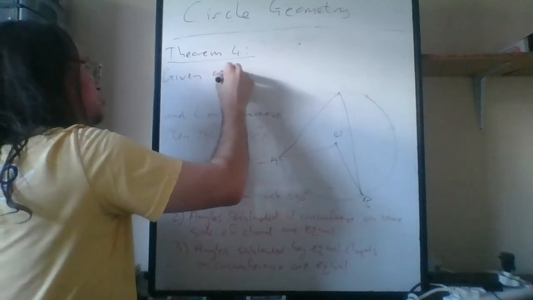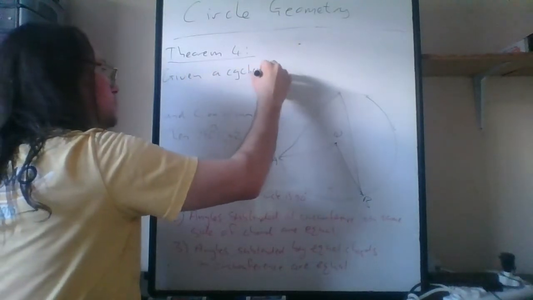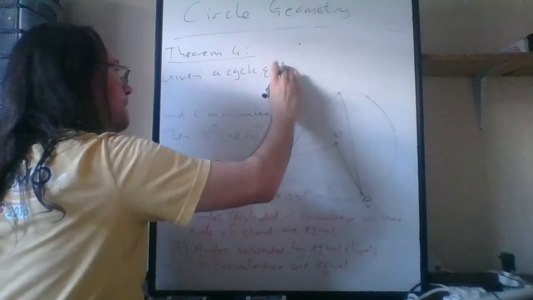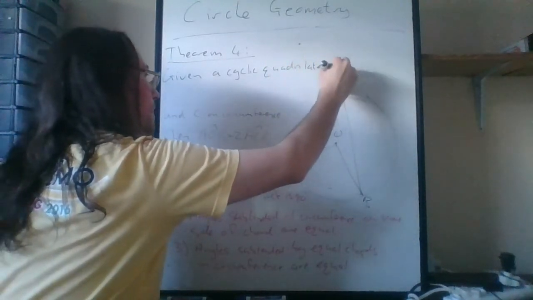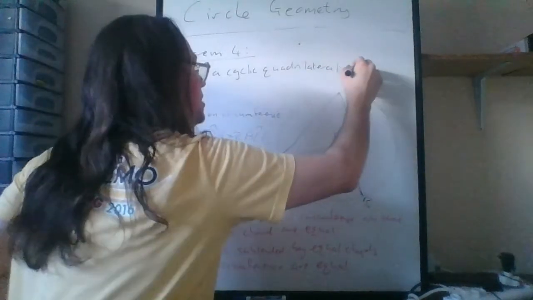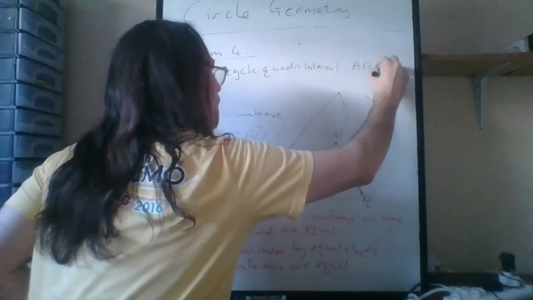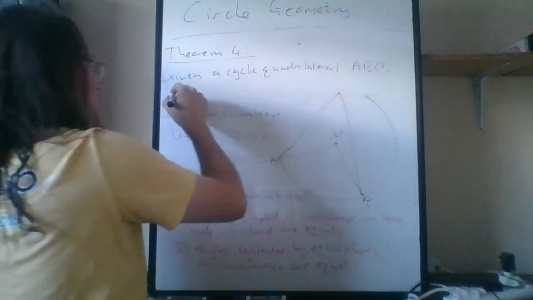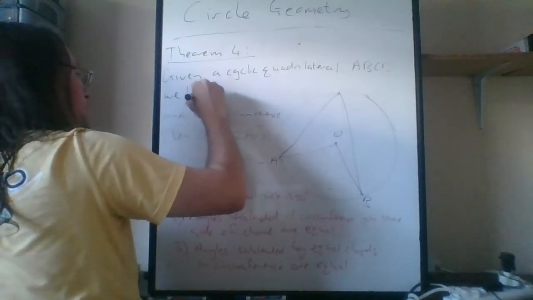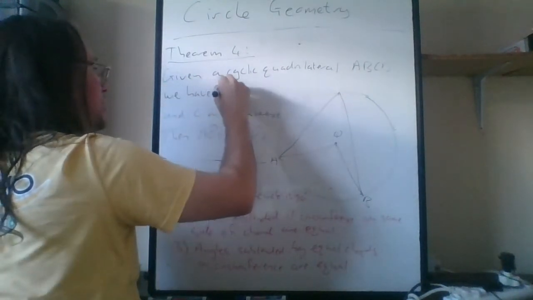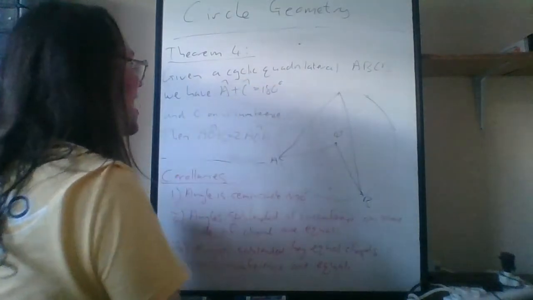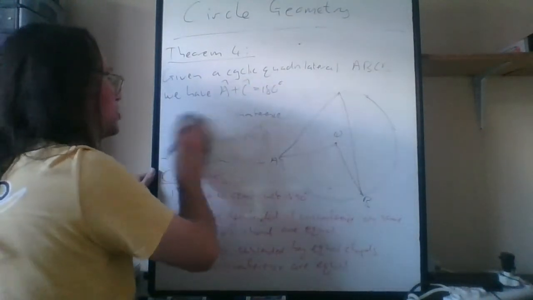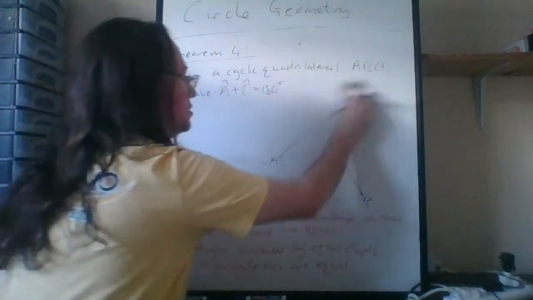Okay. Theorem 4. Given the cyclic quadrilateral A, B, C, D, we have angle A plus angle C equals 180 degrees. So the opposite angles in a cyclic quadrilateral sum to 180 degrees.